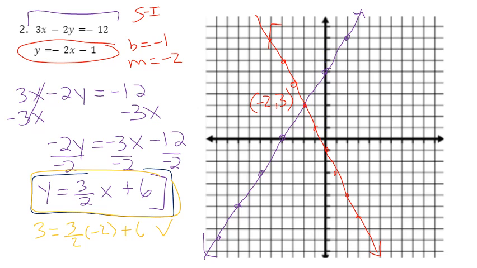And if I put it into the top one up here, it also checks out. So our solution for this is going to be the point negative 2, 3. So x is negative 2, y is positive 3. So that's your x and your y.